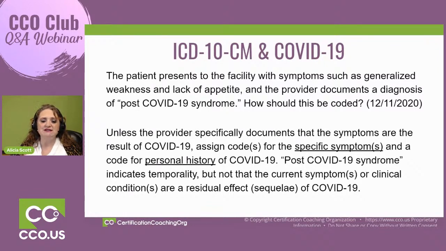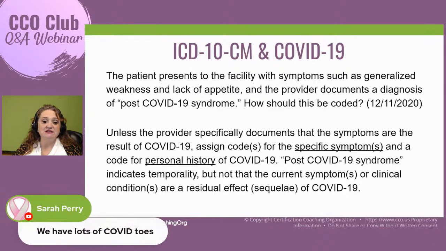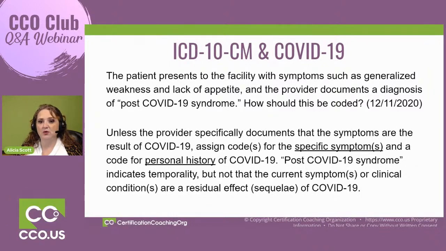Post COVID-19 syndrome is a history of, and it just means that it's temporary signs and symptoms that are linked as a sequela to that. So there is not a code for post COVID-19 syndrome. It's listing the signs and symptoms, and then the history of COVID code.